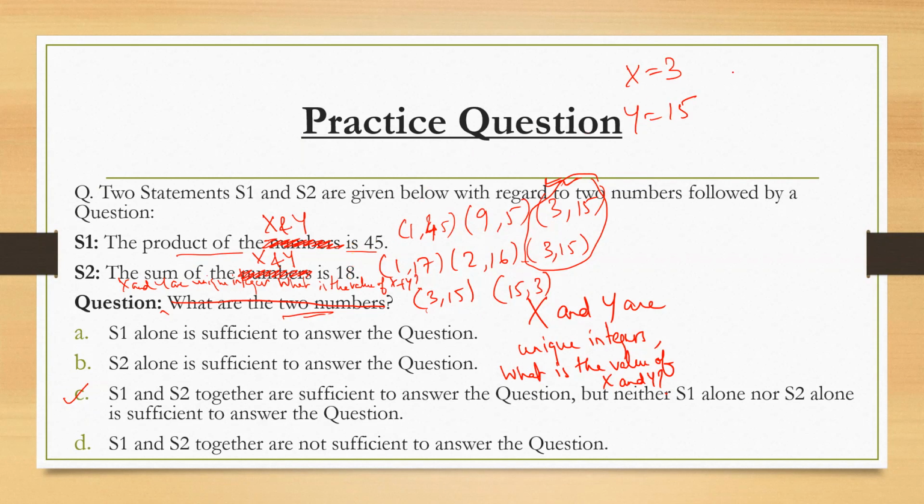Or the other scenario is when X is 15 and Y is 3. Are you getting this logic, everyone? Shivaranjani? There are two possible pairs of values of X and Y now.